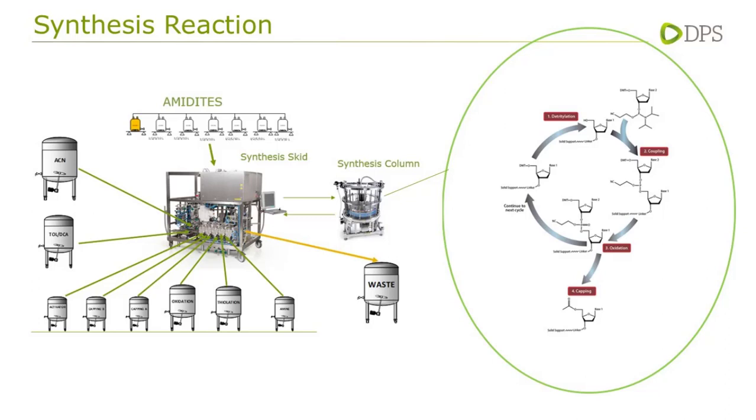This sequence of reactions is repeated with different nucleotides until the complete oligonucleotide is formed, like sticking blocks of Lego on top of each other. A typical oligo would consist of about 20 of these blocks.